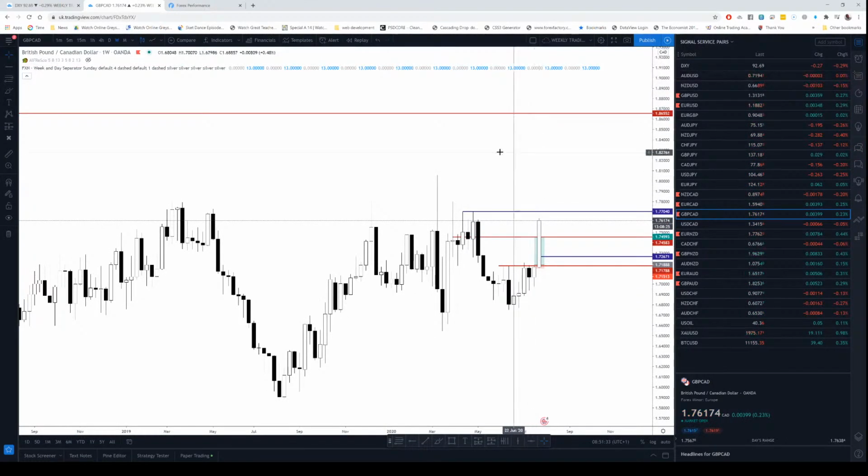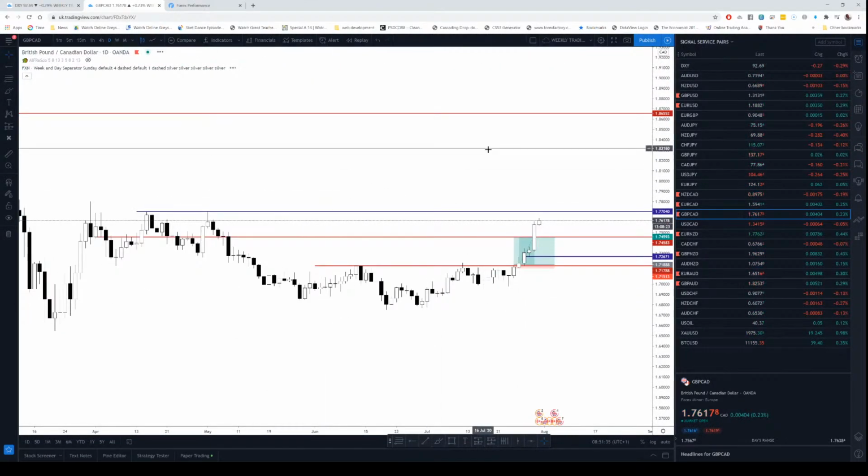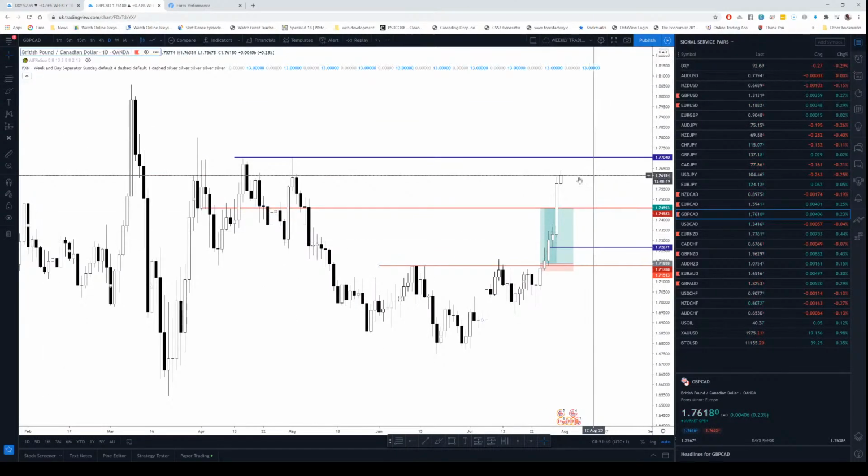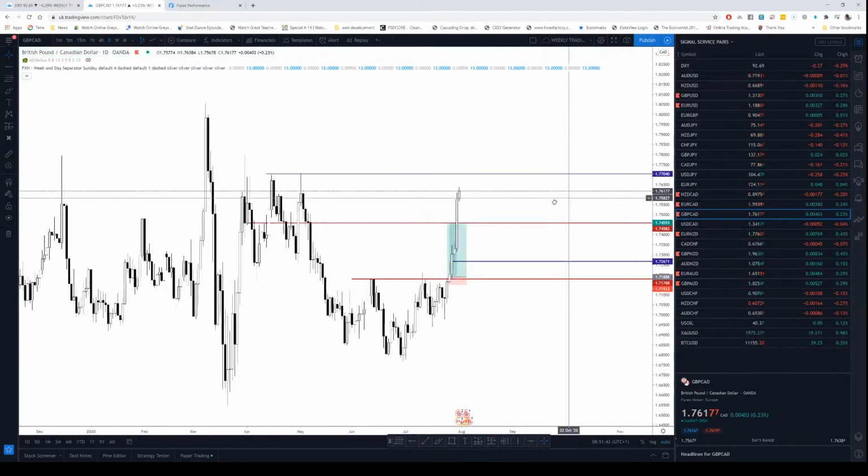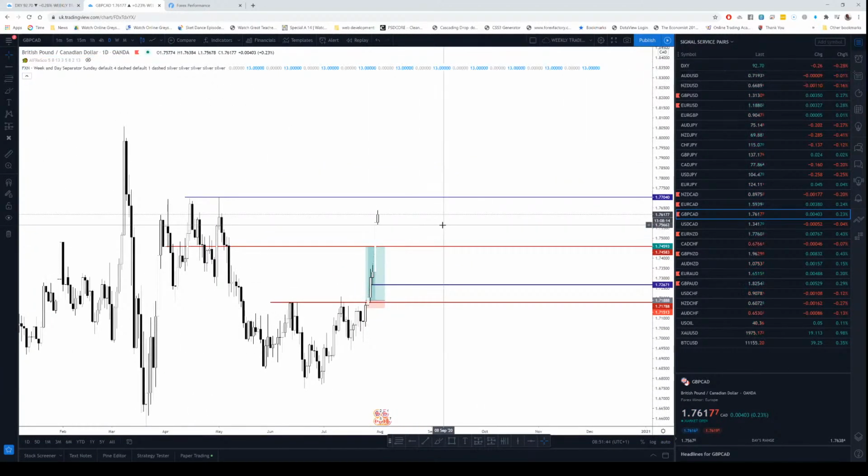If it does retrace, better, because then we can get lots of pips for our trade. But because it's so bullish and the card is weak, I don't see that happening now. But if it does, this equal high is calling price like crazy. It's like, come to me. So your next upside objective is here.